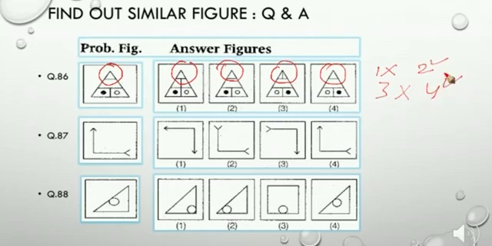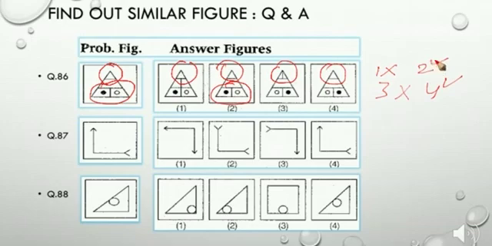Now let's get back to the problem figure and let's check for this portion. There should be one dot here and there should be one circle. So let's go to option number 2, sorry. Here let's check for this portion. This portion is exactly the same as the portion in the problem figure.